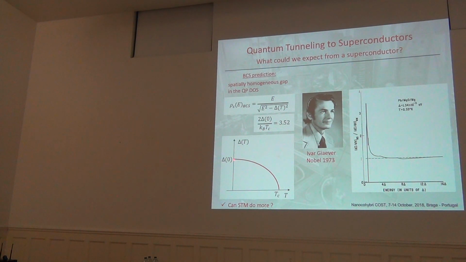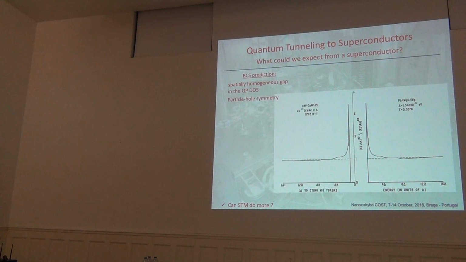And this superconducting gap is temperature dependent, and it closes at Tc. Moreover, you have particle-hole symmetry, so you expect around the Fermi level the gap to be opened on both sides.